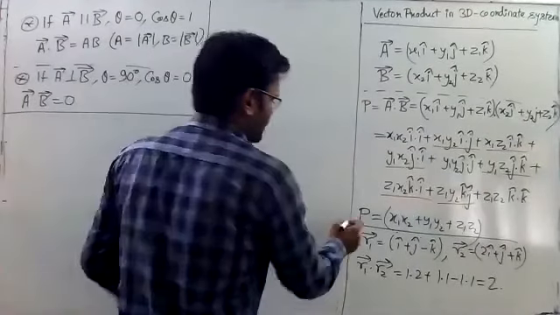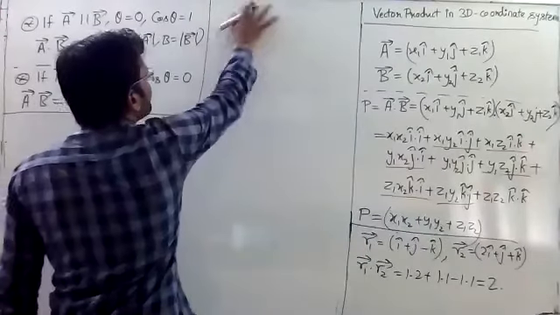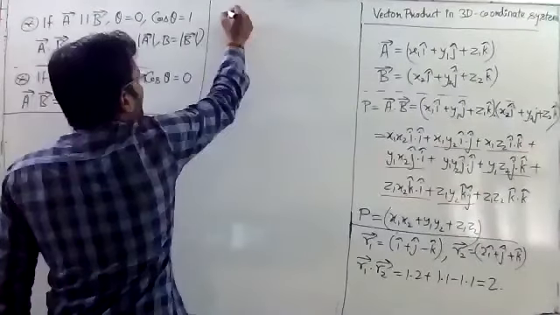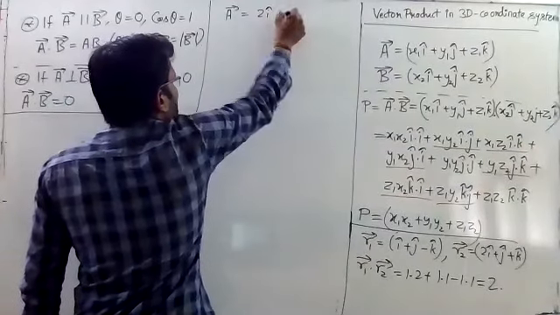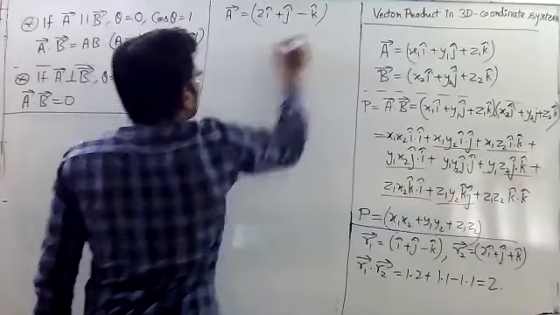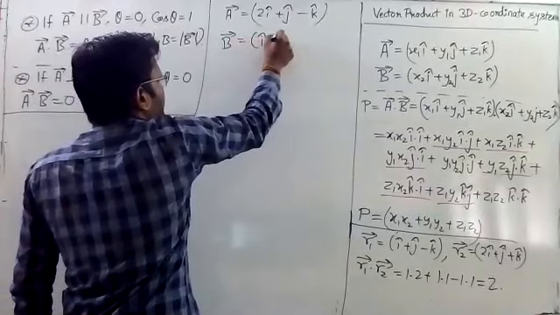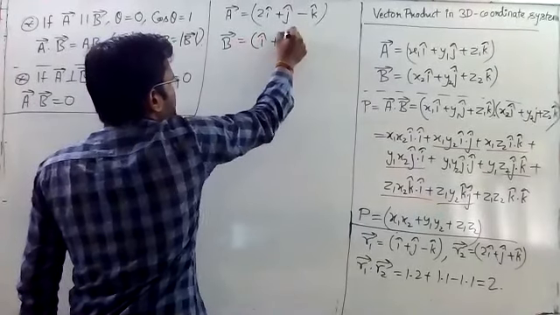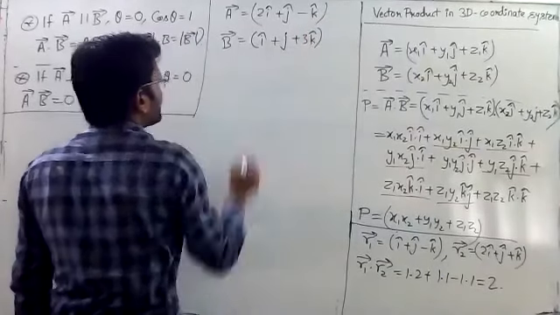Okay, so let's see a few examples based on this. Vector A is 2I plus j minus k and B is I plus j plus 3k.